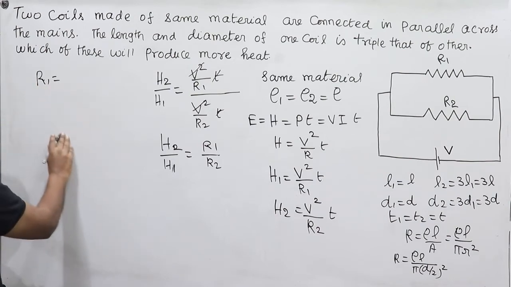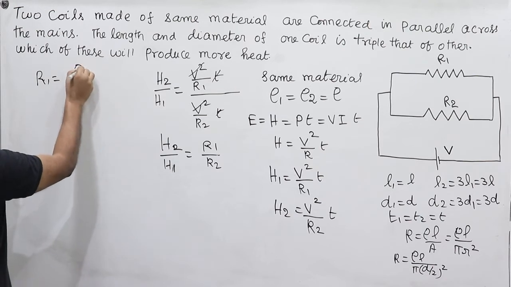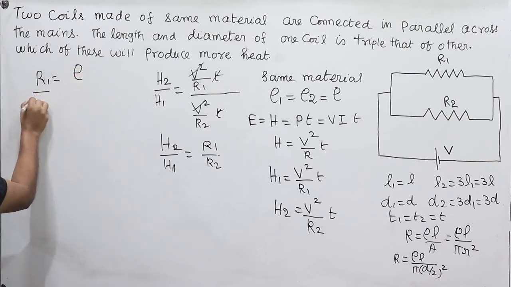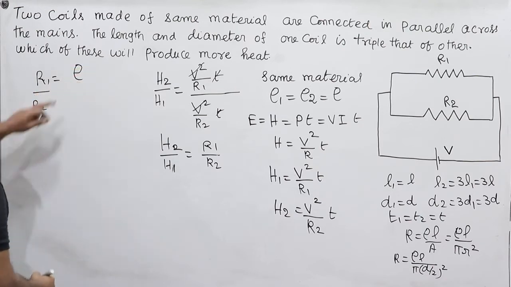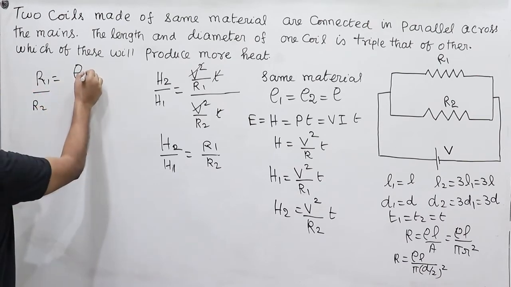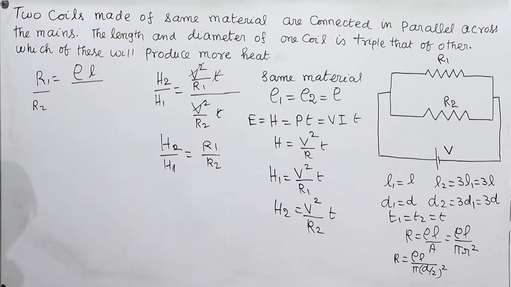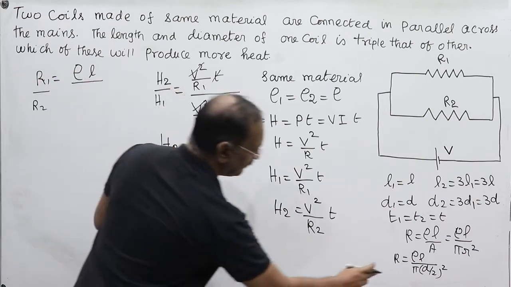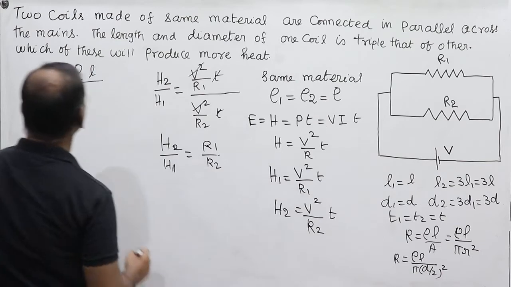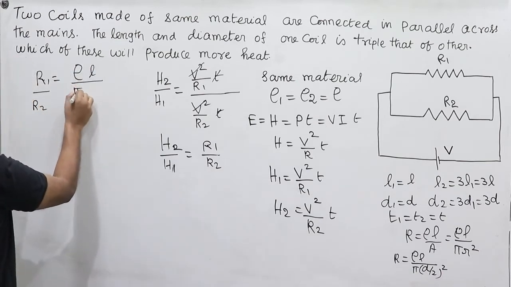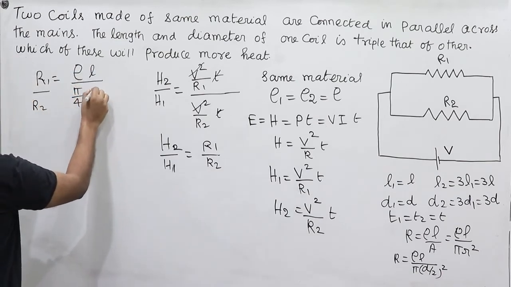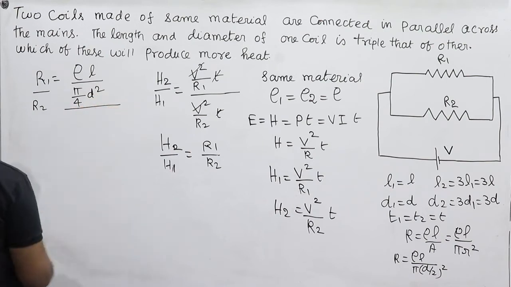by R2. So from here, R1 by R2 is equal to, for the first coil, rho into L1, what is L1? L1 is equal to L, divided by pi by 4 into d square, pi by 4 into d square for this first one.